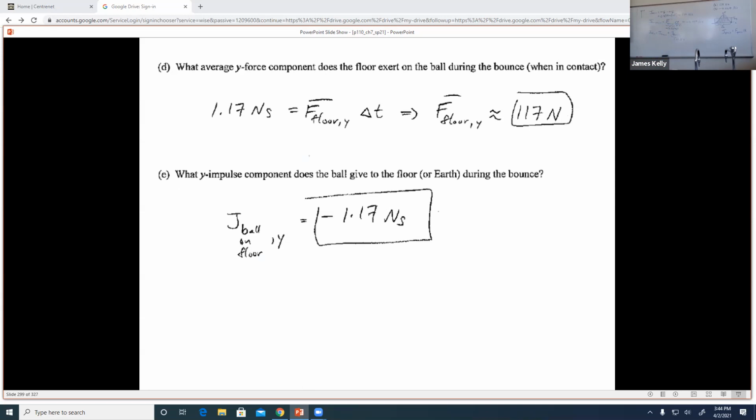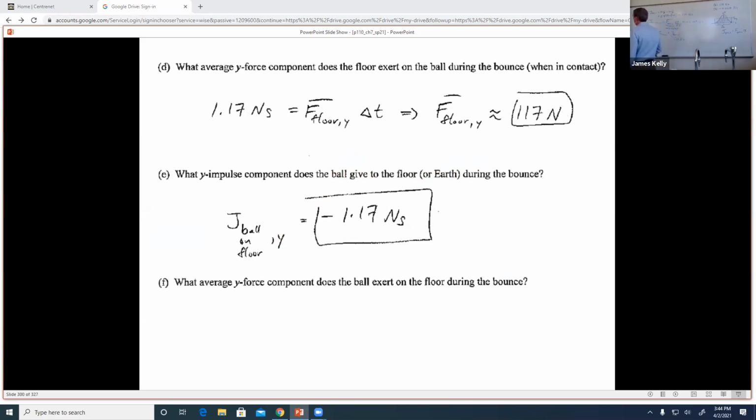The delta t's are the same because it was in contact for the same amount of time. The average force is going to be the same because when one is small, the other one's small. When one is big, the other one's big. They always balance each other out. The only thing that changes is the sign from Newton's third law, right? The ball gives a negative y component average force to the floor. And so the only thing that switches is the sign there for E.